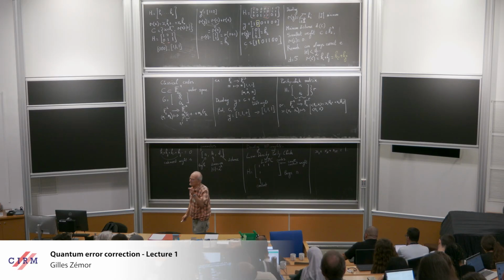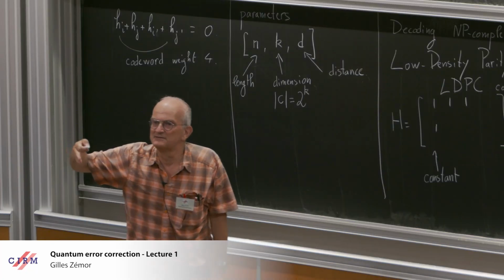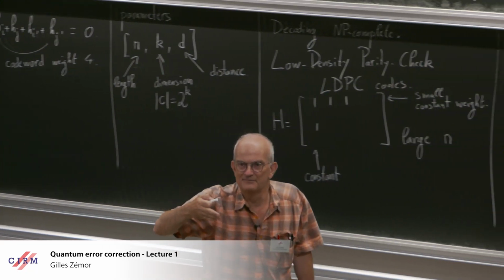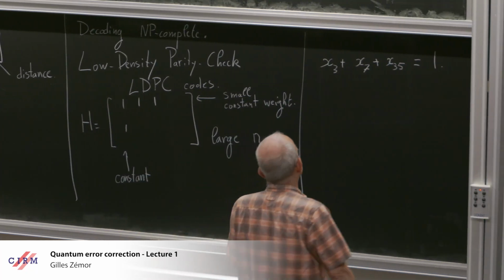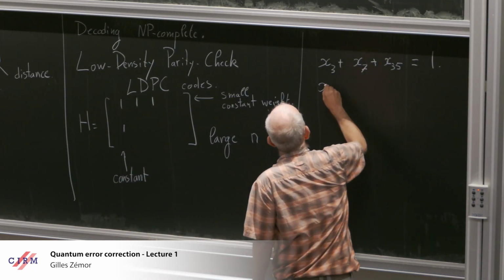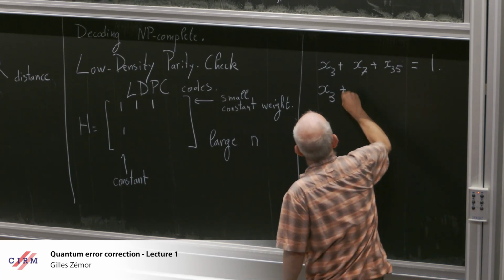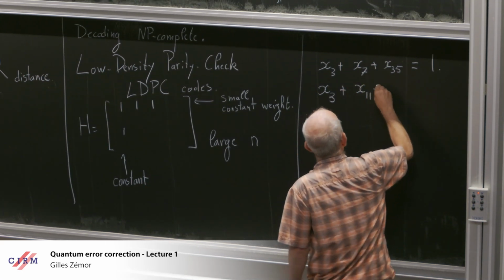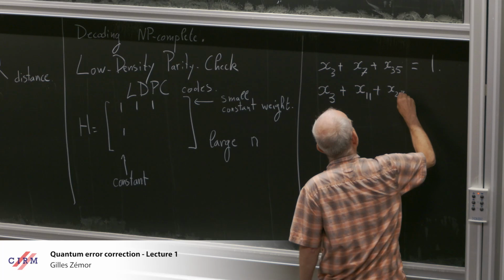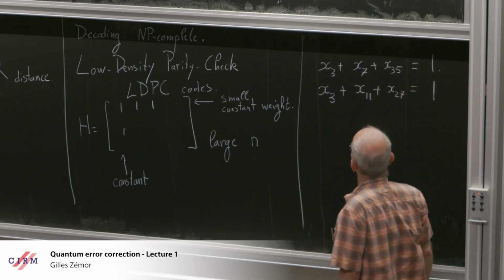So you haven't exactly localized an error, but you've done nothing, and already you know that there's an error either in position 3, 7, or 35, and that's already a lot of information. And maybe you will get another equation that tells you x3 plus, I don't know, x11 plus x27 is also equal to 1.